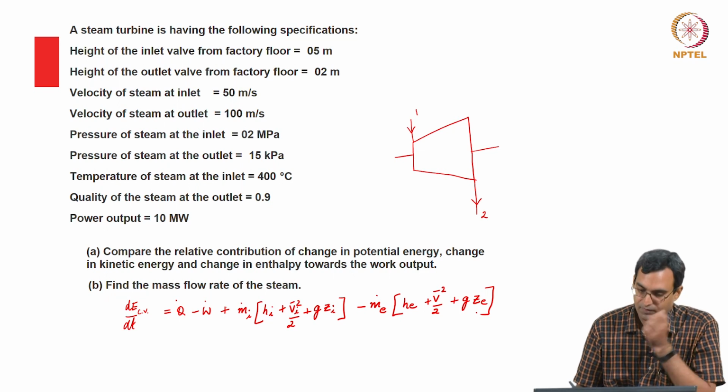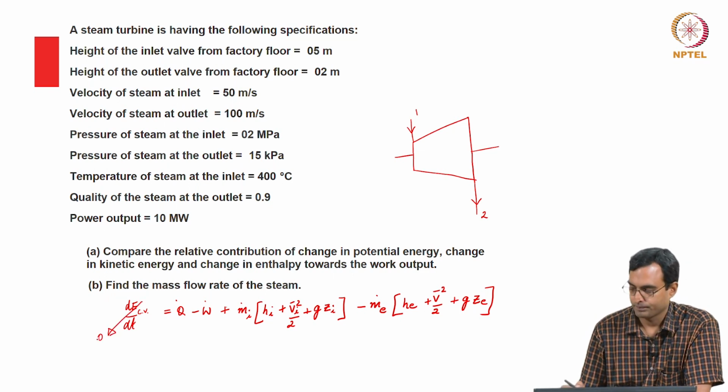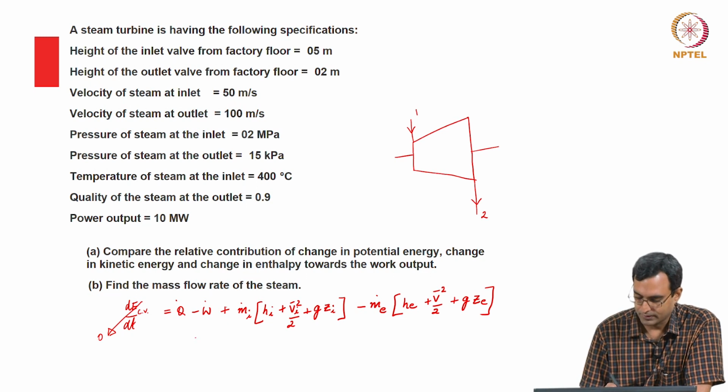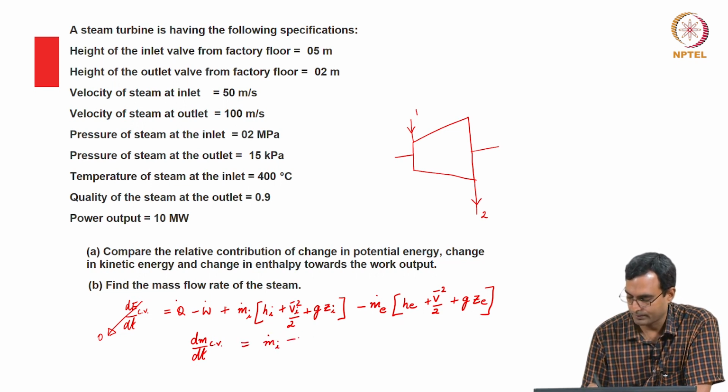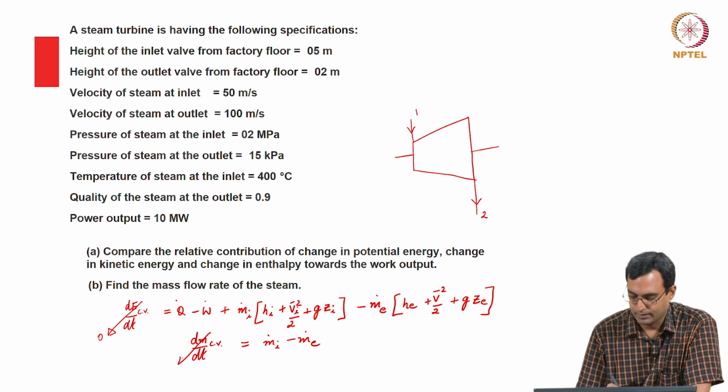So we can assume this device to be at steady state, which means this is 0. In addition to this, we have mass conservation, which says that the change in mass of the control volume with respect to time is essentially rate of things coming in minus rate of things going out. If this is at steady state, this would also be 0.